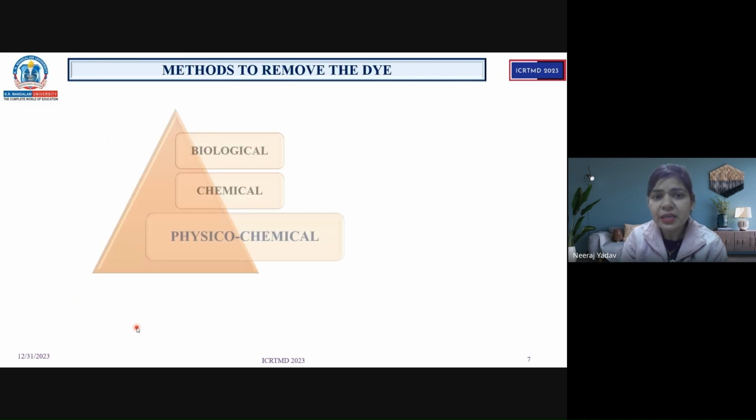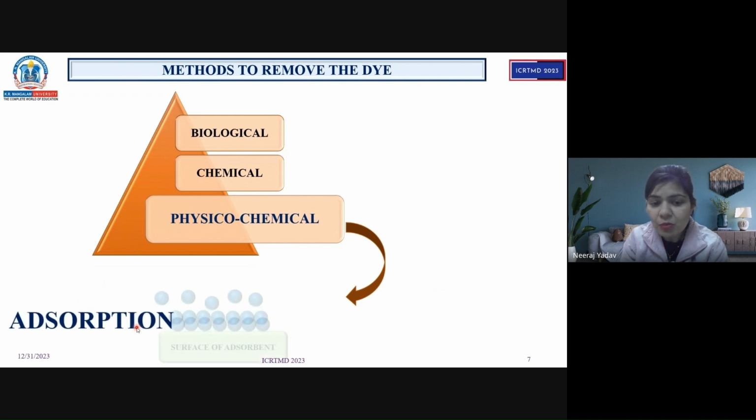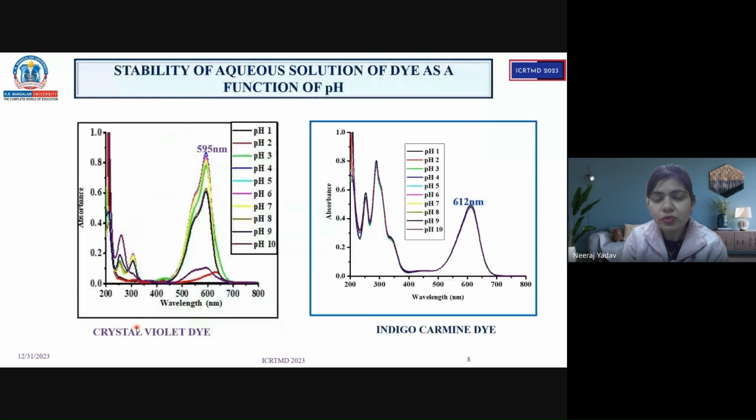There are different methods that can be used for the removal of the dyes, and here we are using the physicochemical method. In the physicochemical method, one of the most approachable methods is adsorption, where the dye molecules adsorb on the surface of the adsorbent. Now these dyes are removed.